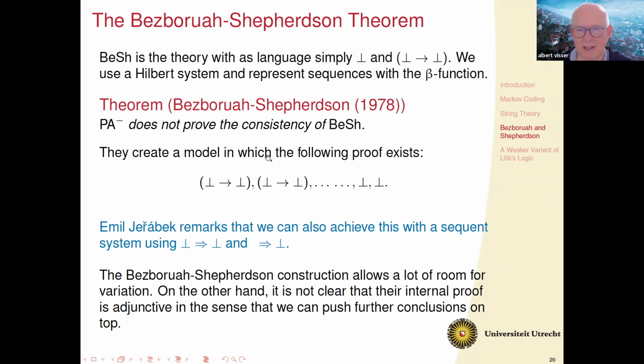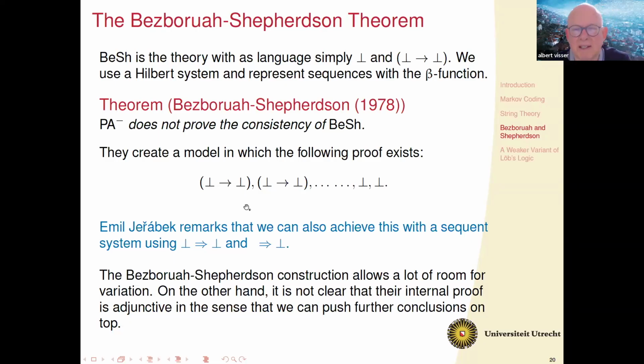Of course, at least for me, the algebra was not immediately trivial. Now I'm getting used to it, it's getting easier, but to create this model was a lot of work. The idea of this proof is of course very nice, and all the work is to get the beta function to do this.